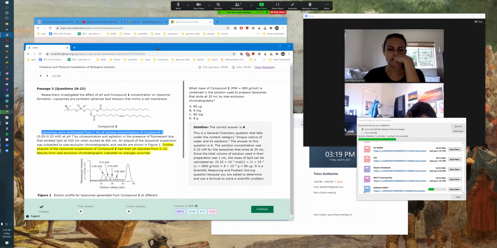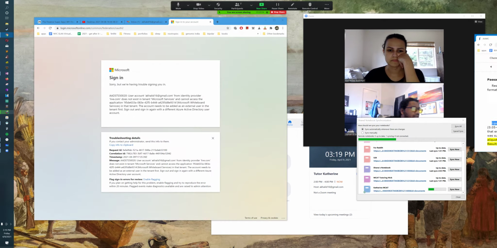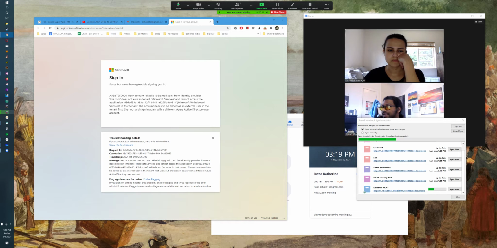The 20 ml thing is just to tell us the concentration, but it's not the volume. Since we're trying to find the mass of compound 1 and 1 ml of compound 1 is added, that is what we use for volume, not the elution volume.